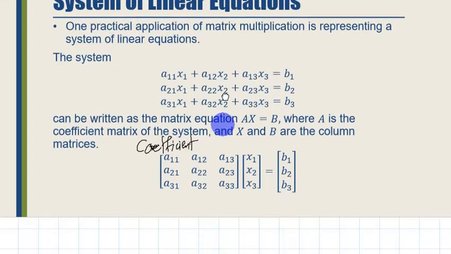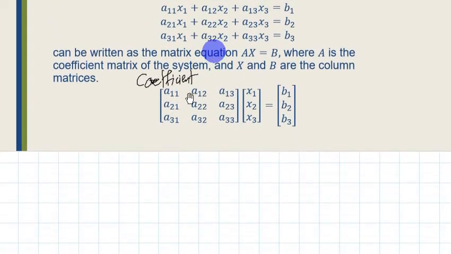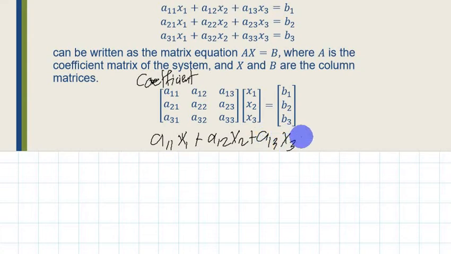There you go. So if we're going to multiply these matrices, the coefficient matrix and the matrix with the variables, we're going to have a sub 1,1 times x sub 1 plus a sub 1,2 times x sub 2 plus a sub 1,3 times x sub 3 equal to b sub 1.